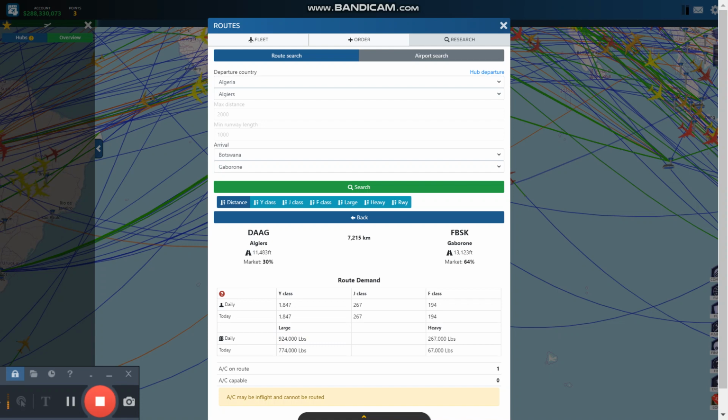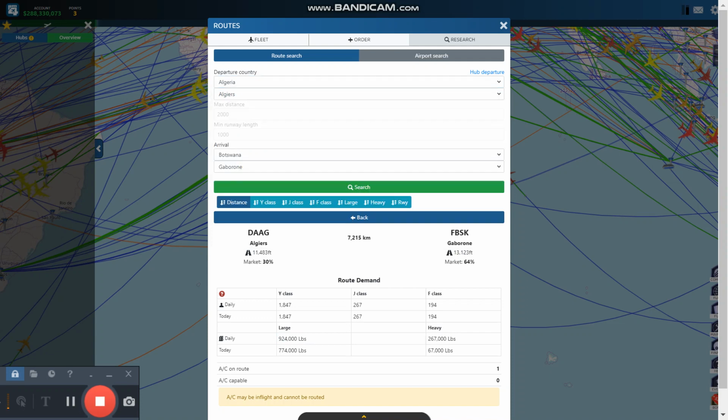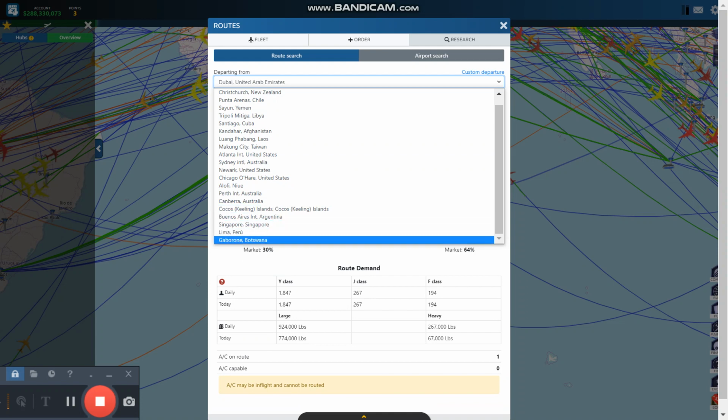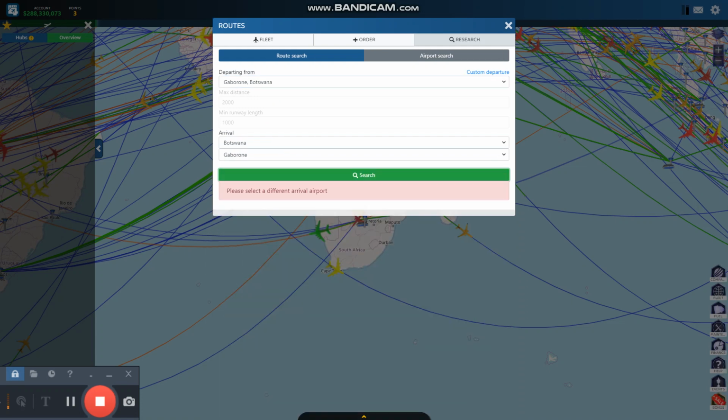Okay, so if I do Gaborone, it's going to say 924, 267, which is the reverse flight.